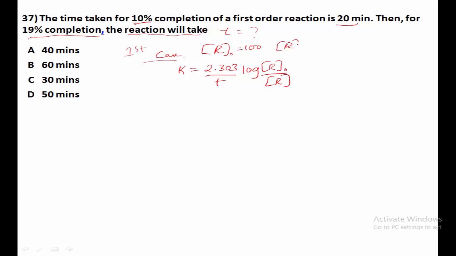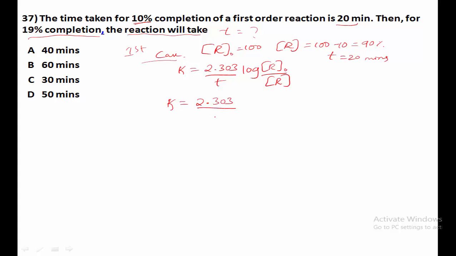So how much will remain? 10% is completed, so 90% will remain. Therefore R naught is 100 and the concentration R is 90. At time T, which is also given, that is 20 minutes.